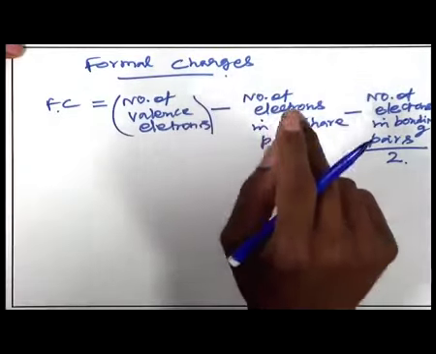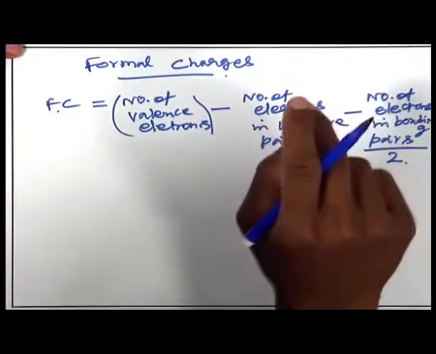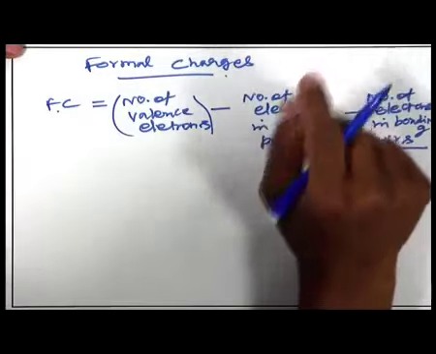We are not concerned about inner core electrons, which are intact and lying inside. But we are concerned about valence electrons because they are responsible for forming new bonds or cleavage of bonds.